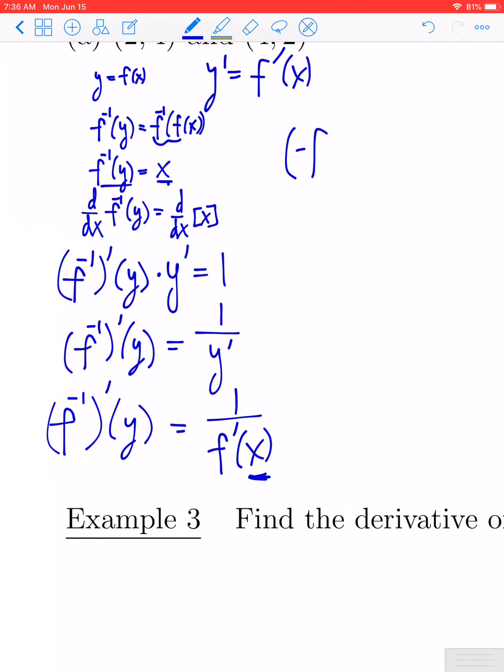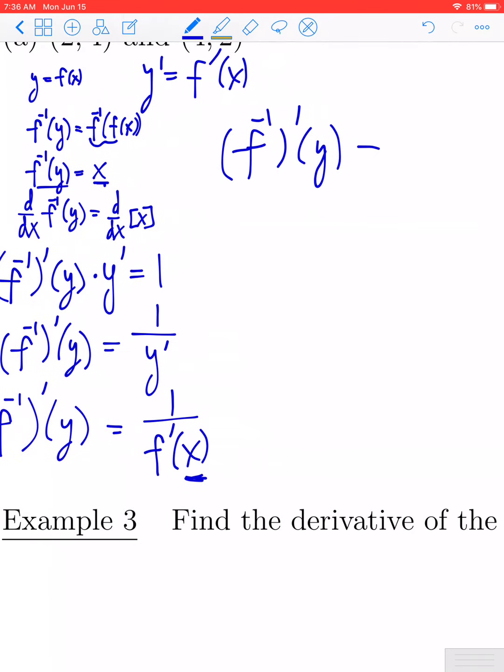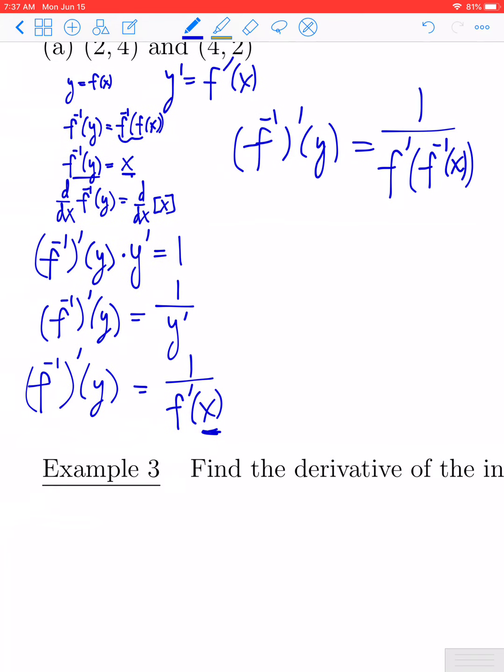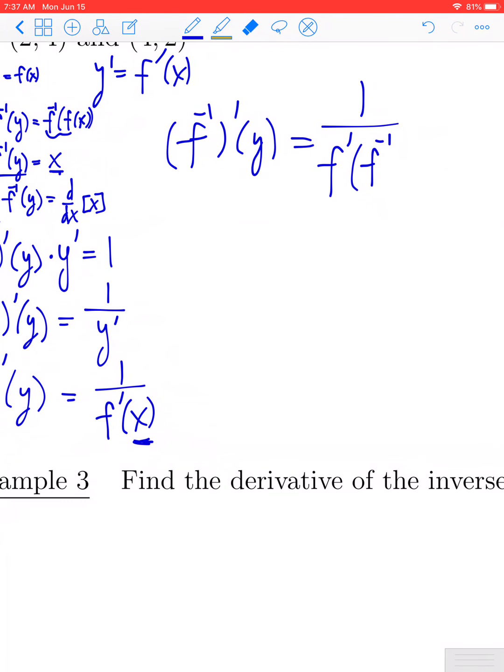So we have f inverse prime of y equal to 1 divided by f prime evaluated at f inverse of y. And there we have it. Essentially that gives us the formula.